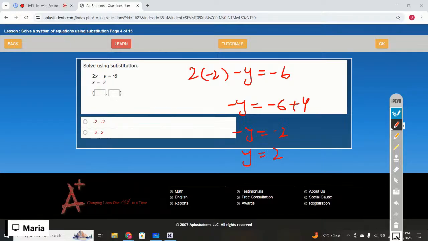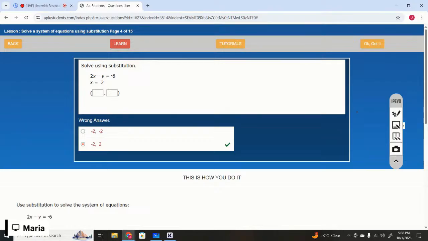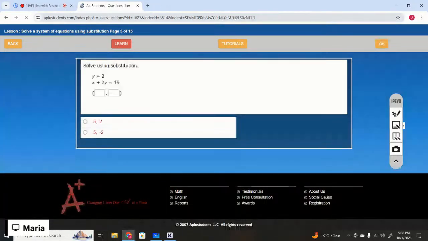Negative 2 and 2 is the correct answer. Option number 2 is the correct option. I selected the wrong option.